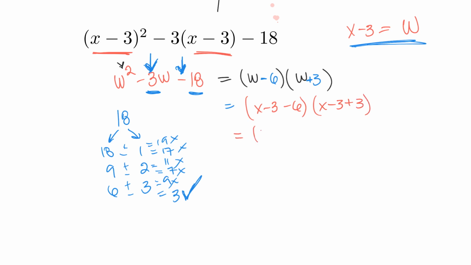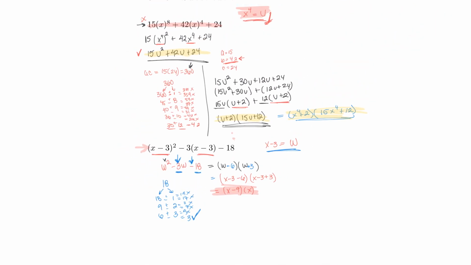We do x minus 3 and minus 6 will be minus 9, and then x minus 3 plus 3 would just be x. And this is the final factorization for our original polynomial right here. This is how we do the factorization using the method of substitution.